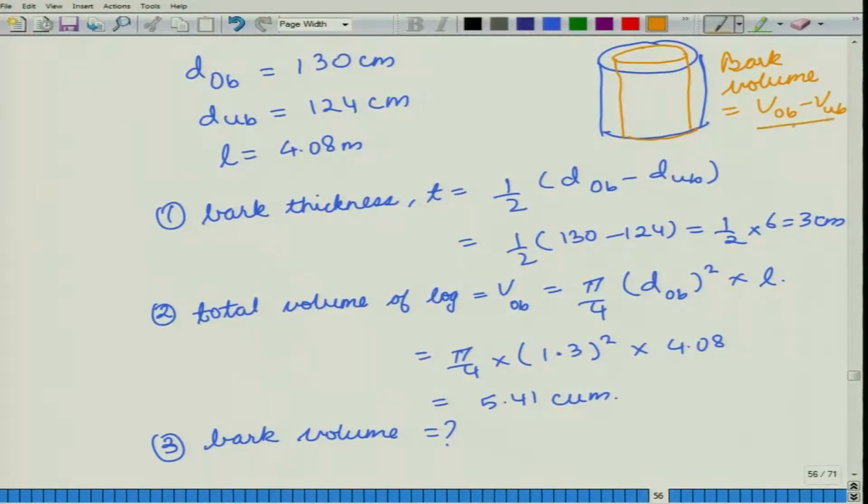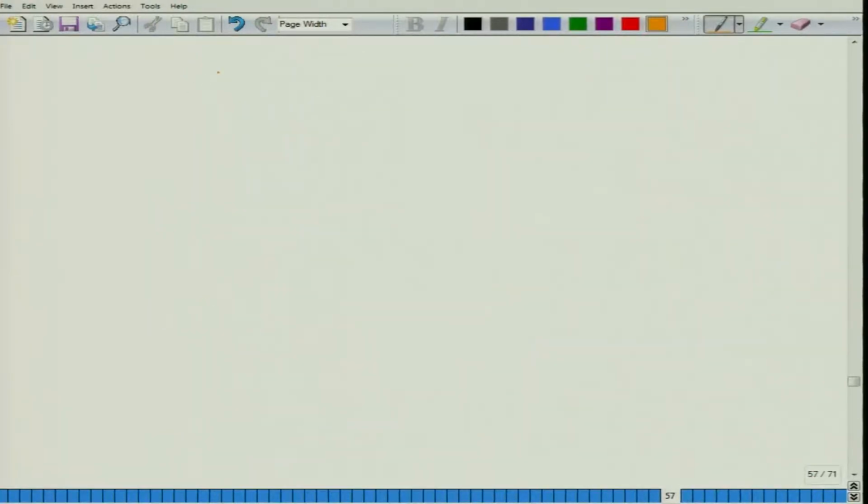In both these cases we would be using the same height or length of the log, but we would be using diameter over bark in the case of VOB and diameter under bark in the case of VUB. So, let us now calculate the volume under bark.